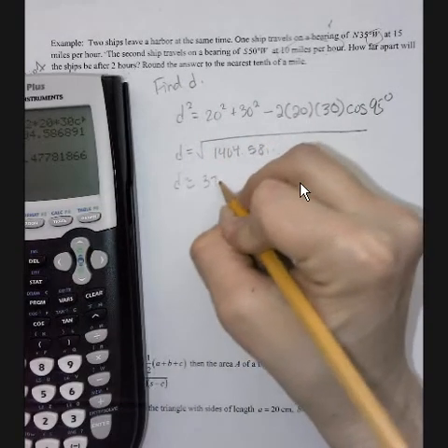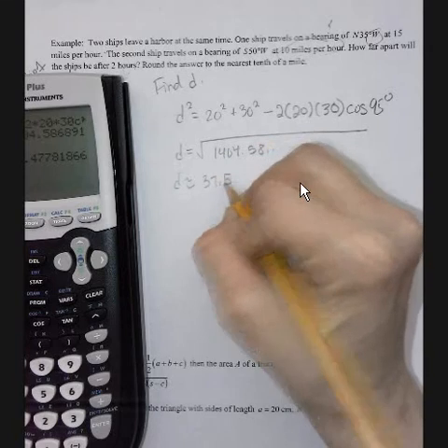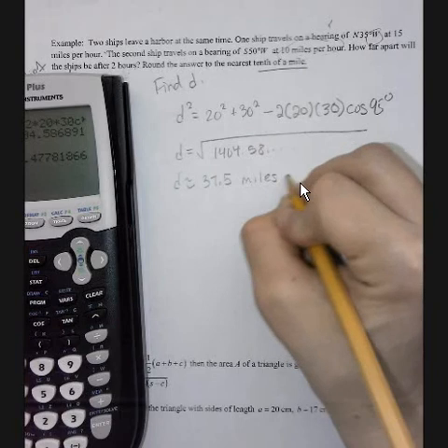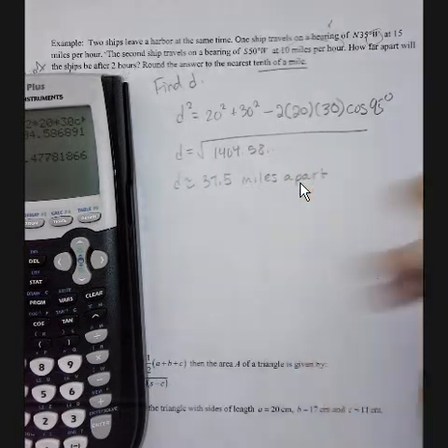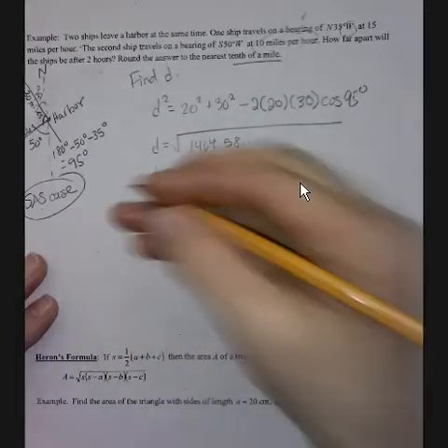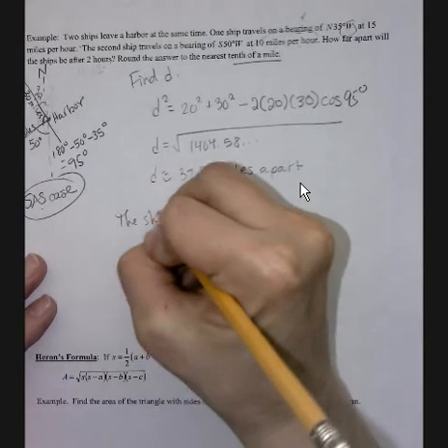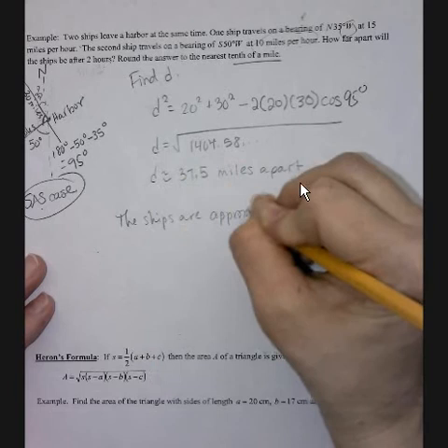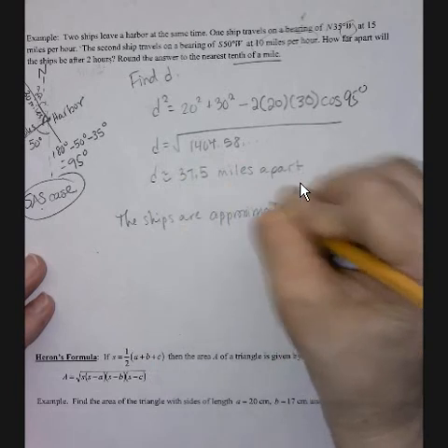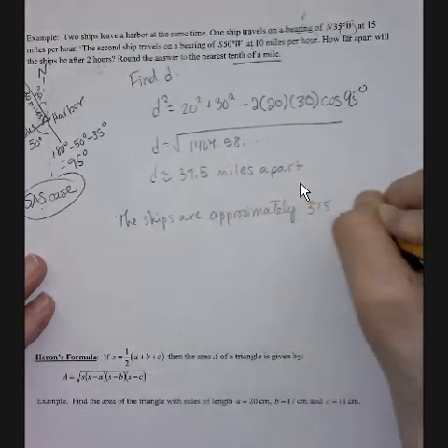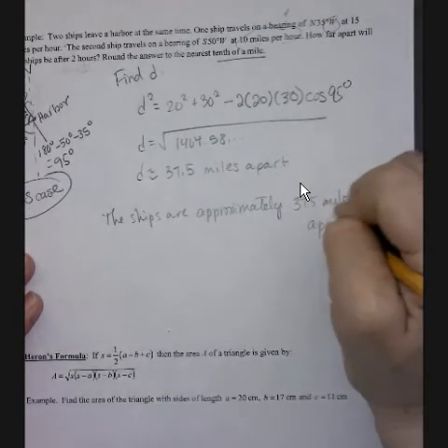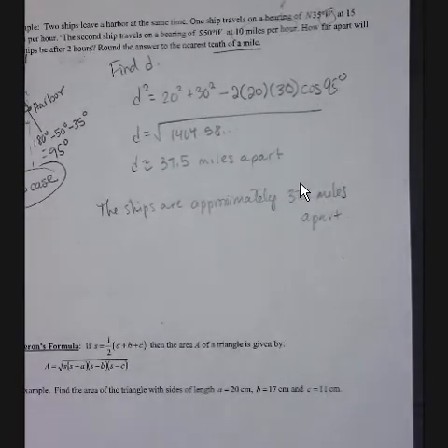Oh yeah, it says 1/10 of a mile. And that would be miles apart. So the ships are approximately 37.5 miles apart. So if we know the law of cosines, that becomes a pretty simple problem.